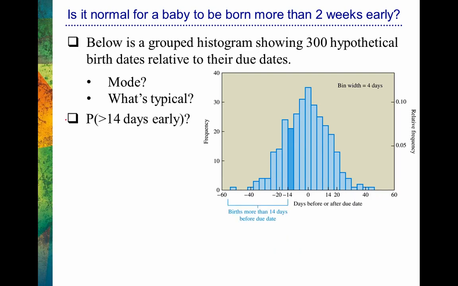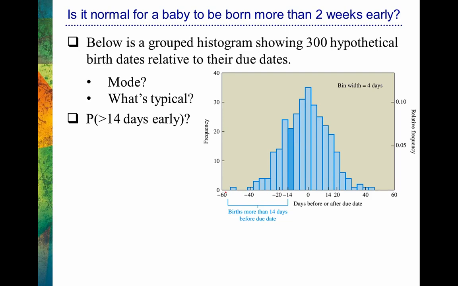So let's look specifically. What proportion of babies are born greater than 14 days early? And if this point right here represents 14 days early, then all these babies in here represented with these bars are showing births that are more than 14 days before their due date.